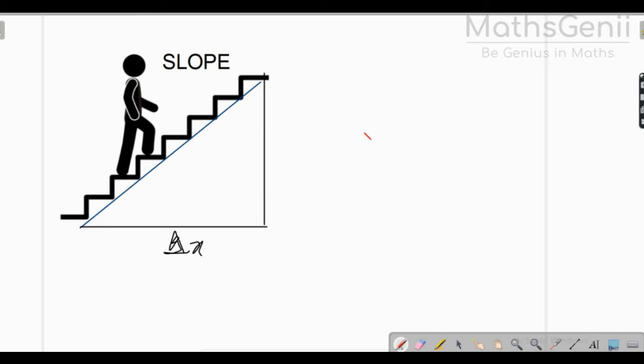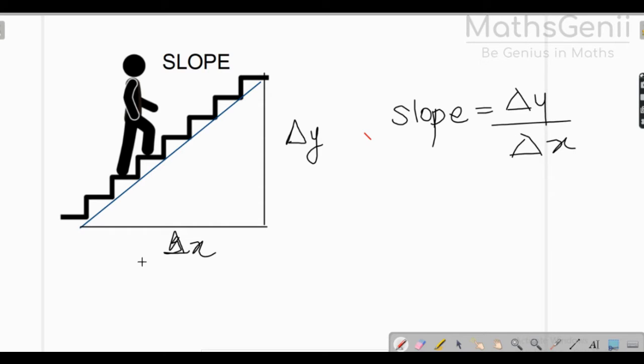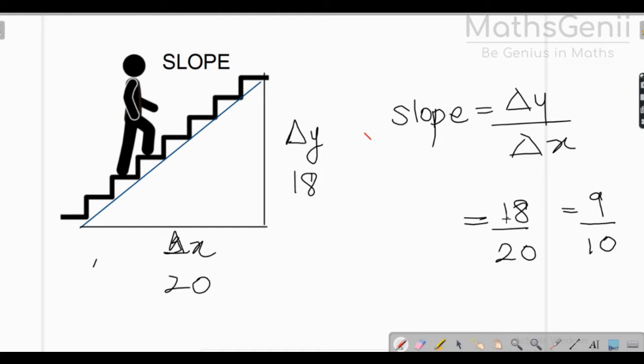This is your delta x, this is your delta y. And how do you find the slope? Slope is nothing but delta y upon delta x. So, for example, this distance was say 20 and this distance was say 18. So, it would be 18 upon 20, giving you 9 upon 10. So, this is for the line.